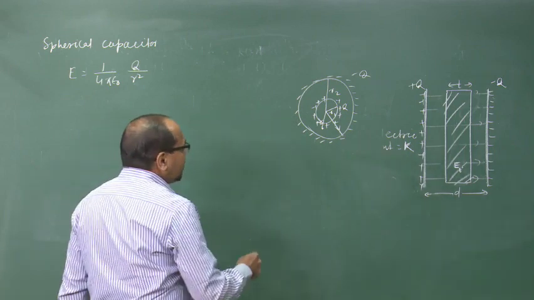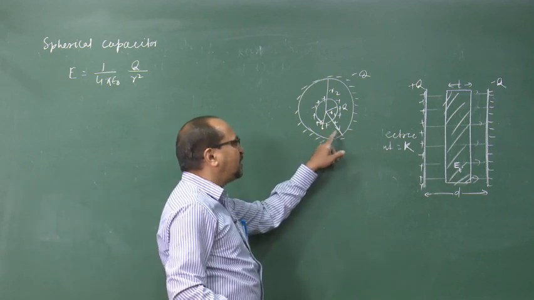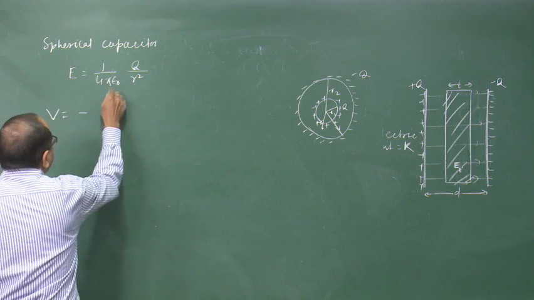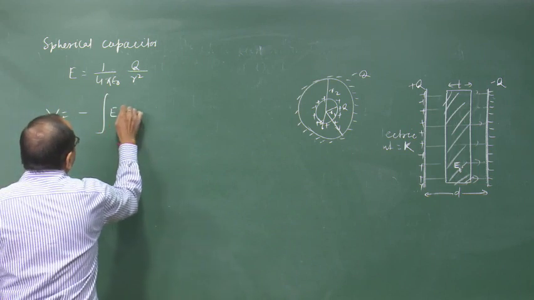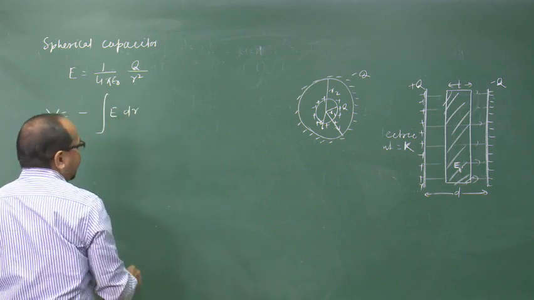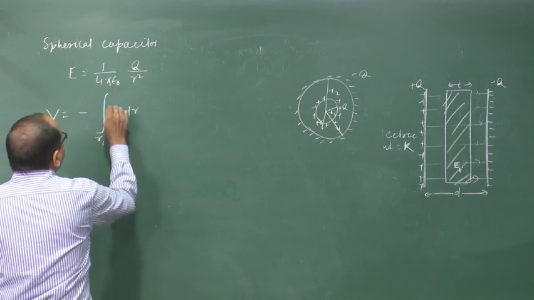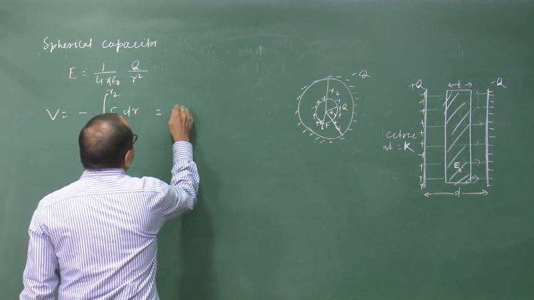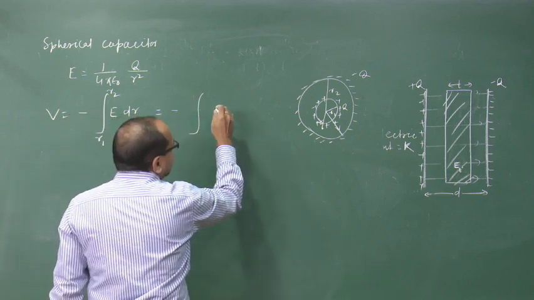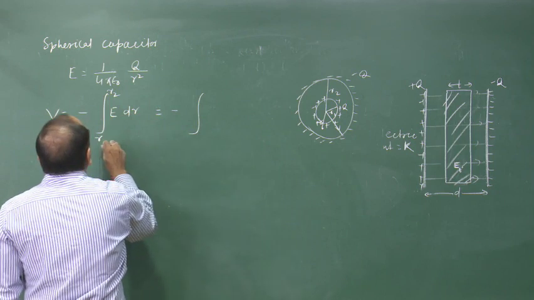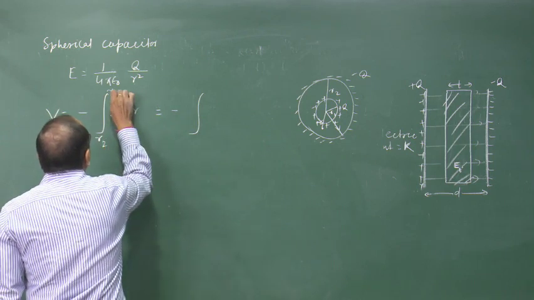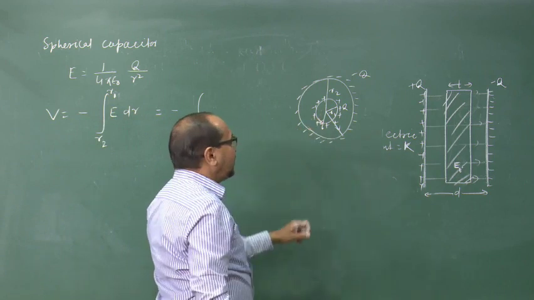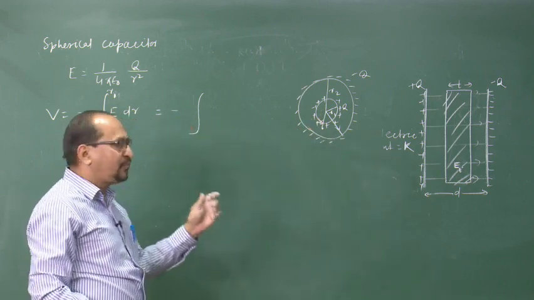Okay. So, if you want to find the potential difference between the two surfaces, then V is equal to negative of the line integral of E dot dr from R1 to R2, is equal to minus integration, this integration should be from R2 to R1 because the outer sphere is at lower potential, it has the negative charge, and the inner sphere is at the higher potential with a positive charge.